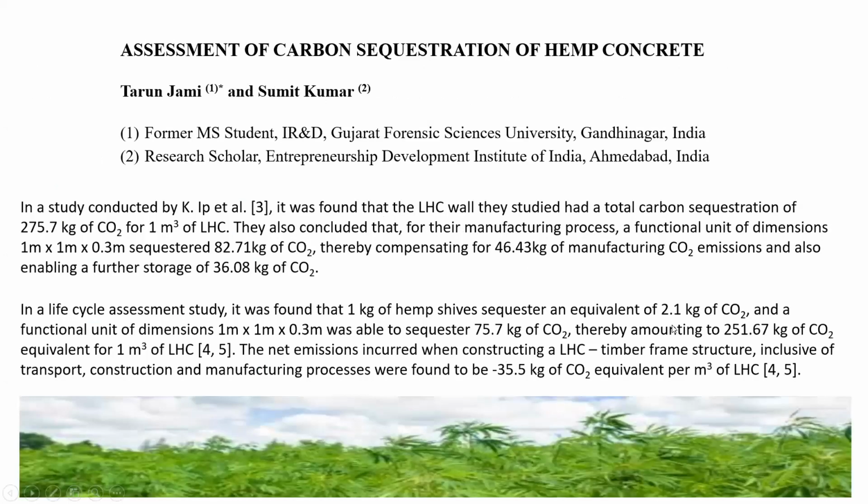Another study, many of the studies are coming from outside of the United States because, well, for various reasons, the plant was illegal. However, in places like India, lime is commonly in use as a building material, as it is in Europe, as opposed to cement. And I would just invite you to look at these studies.